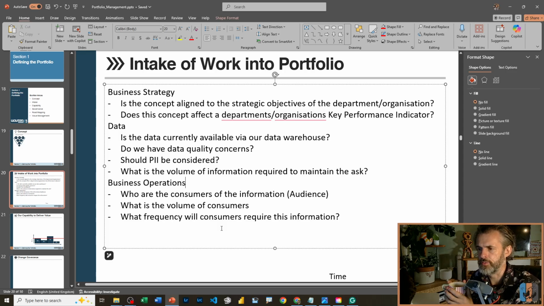And on the flip side of that, if it's being digested by the public, and there's potentially hundreds of thousands of clicks per month, or even maybe in the millions, latency becomes quite a relevant question there.